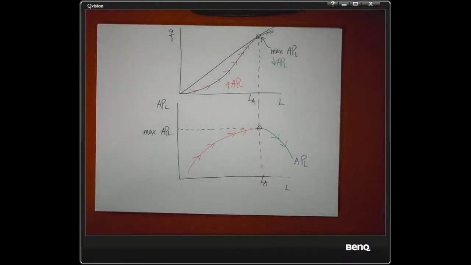And now, how do we figure out the relative position between the marginal product of labor and the average product of labor?